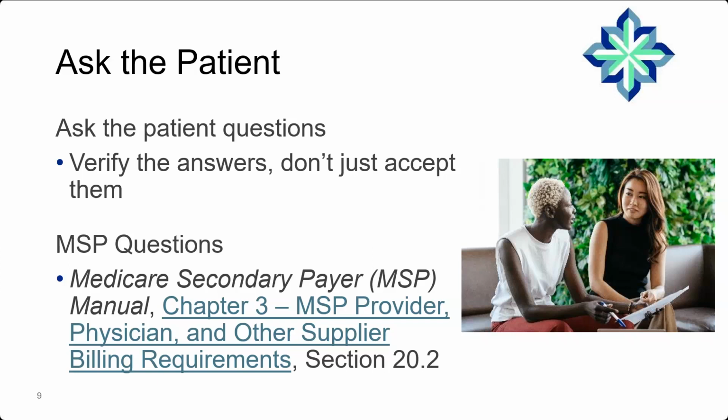If it's a reoccurring service, such as PT, so you know they're going to come back, then it's at the start of care and every 90 days following. CMS uses the CMS 1500 and 837P criteria slightly differently.